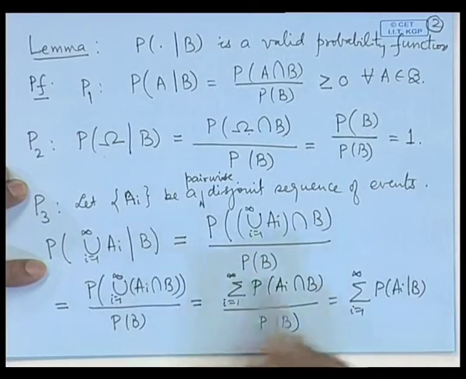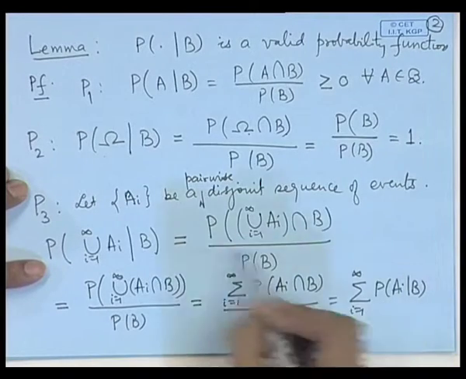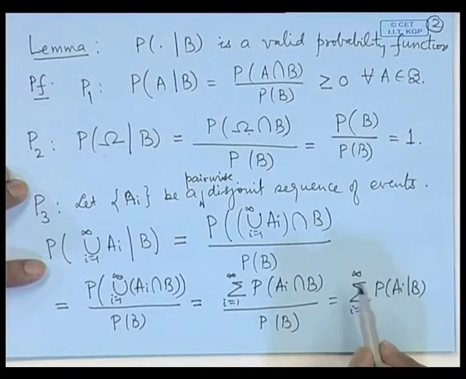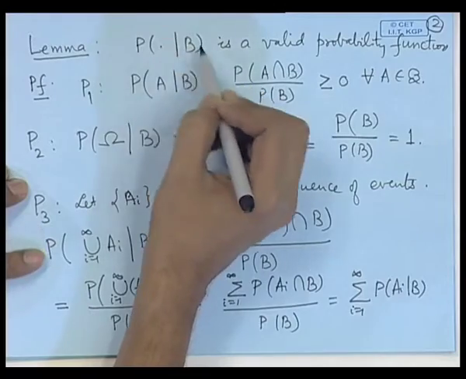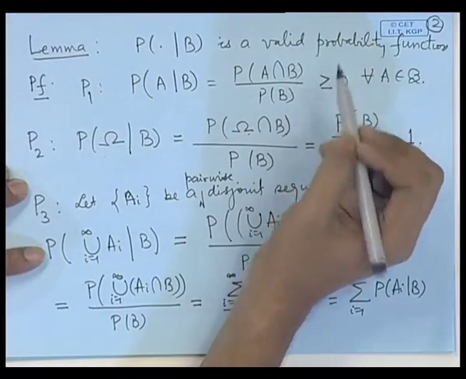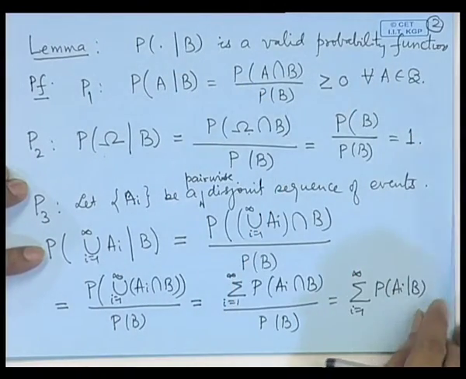So you can note here that the probability of the union is equal to the sum of the probabilities, which is the countable additivity axiom. Therefore, the conditional probability function is a well defined probability function.